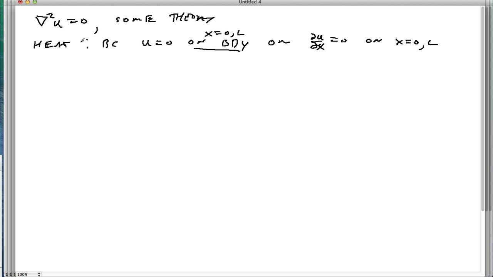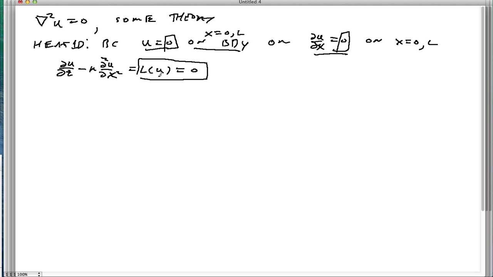And that was in 1D. And these were equal to 0, and we also had some operator that we can write Lu is equal to 0, right? So together with this 0 or that 0 and this linear operator set equal to 0, we had what we call a homogeneous problem.